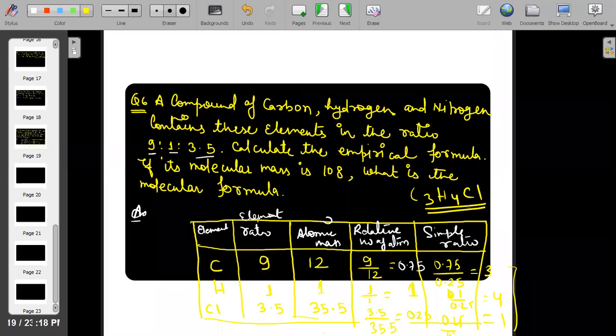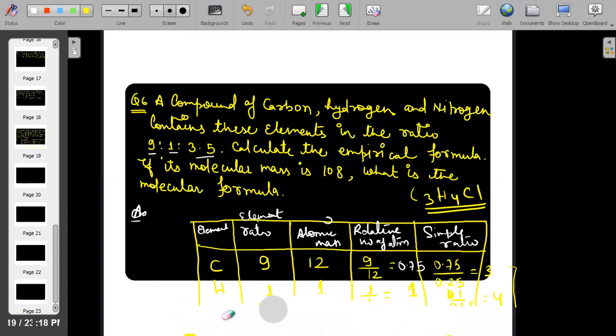C3H4Cl. Here is nitrogen. Pardon, my friend, I have committed a mistake here. Wait for a moment. It is nitrogen, so no issue, just make the change. In the question there is nitrogen, not chlorine, so the answer will be the same. Not a big deal.